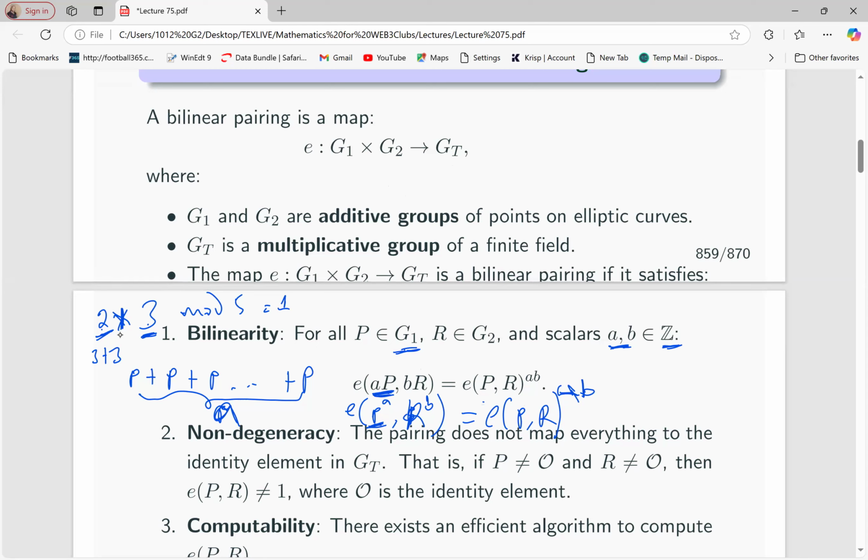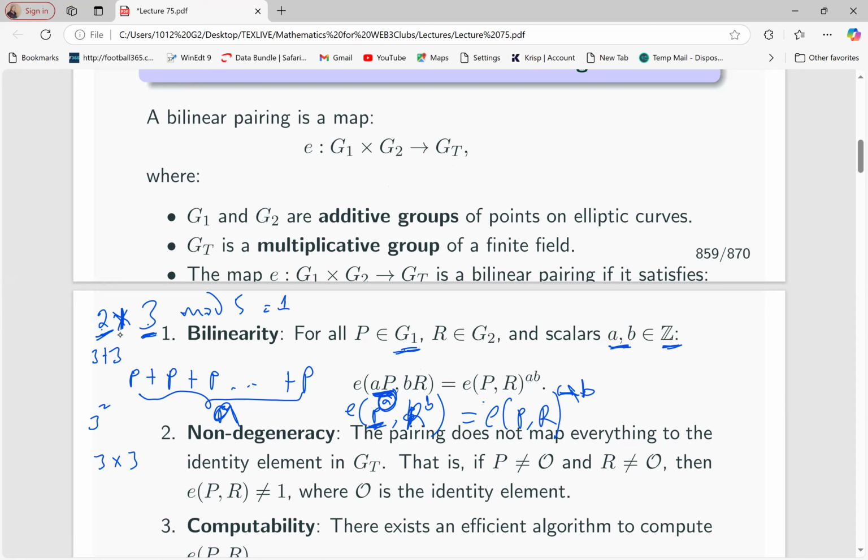Now, for an additive group, if someone writes it as a power like this, it does not necessarily mean that I'm multiplying P A times. In this case, if I wrote it like that, it doesn't mean 3 times 3, because it's an additive group.